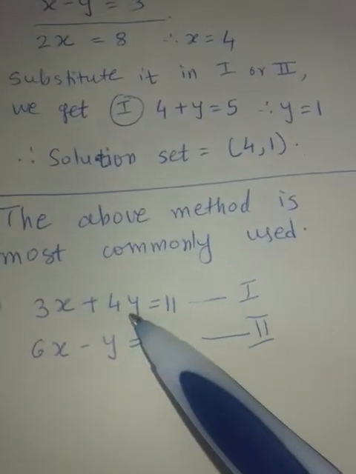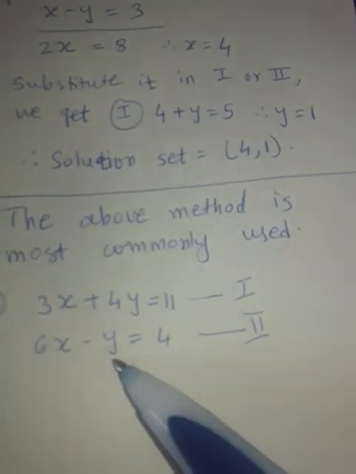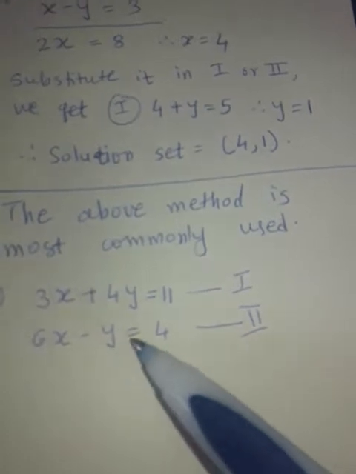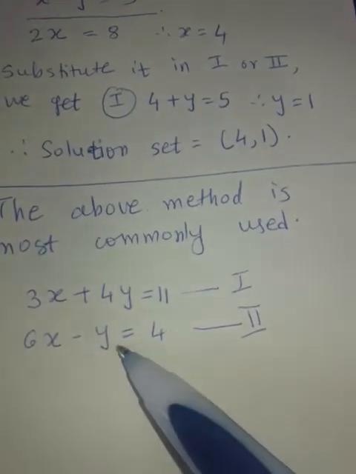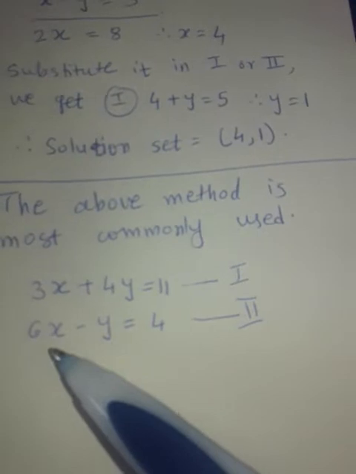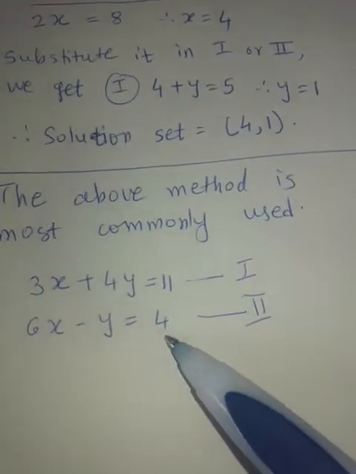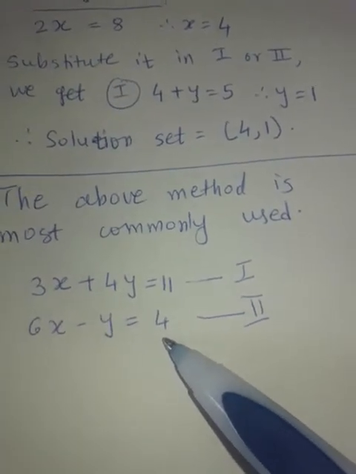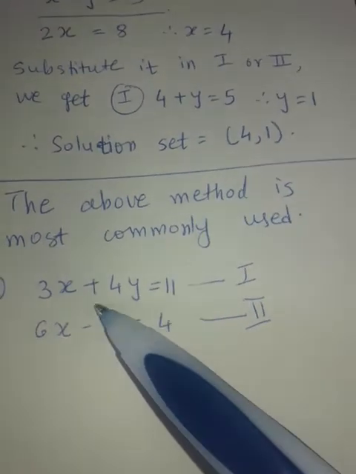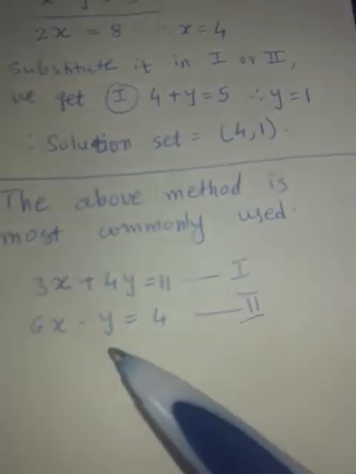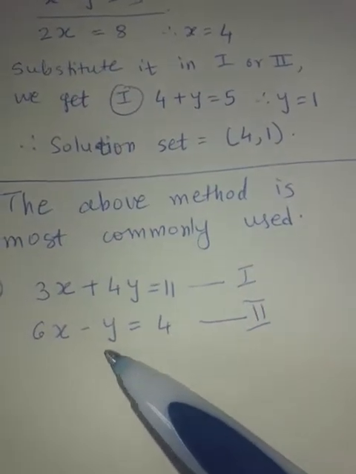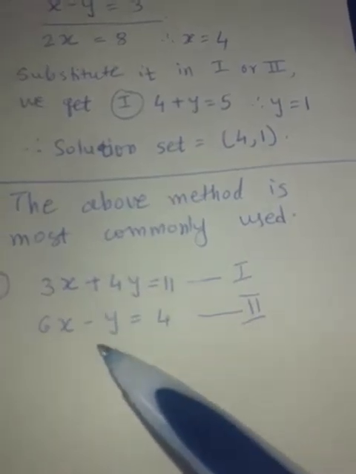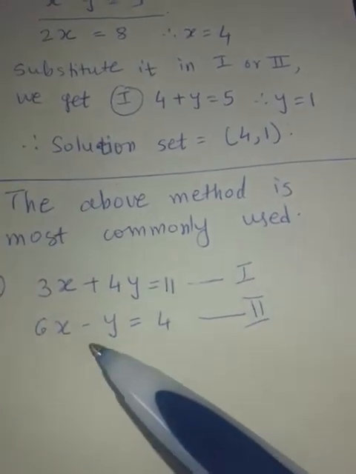Observe here, it is 4y here and a minus y here. If I multiply this whole equation by 4, remember, I have to multiply the left hand side also and the right hand side also, only then it will be equivalent. If I multiply this whole equation by 4, I will get here minus 4y, and then when I add, y will be eliminated.